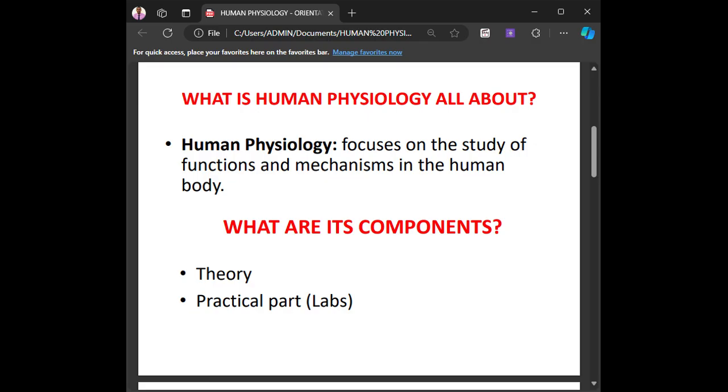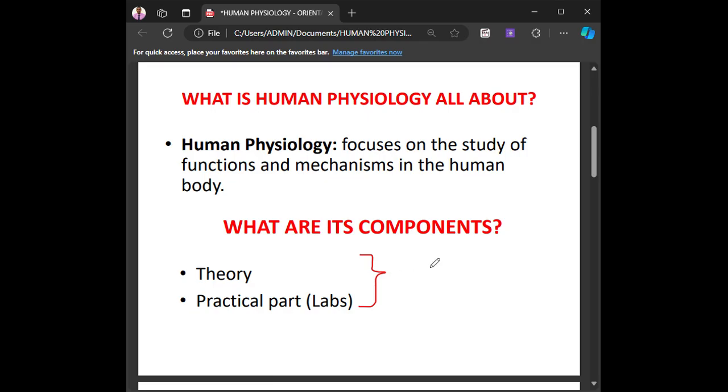Once you have a lab session, you will be required to come up with a lab report on how you carried out this experiment and what your outcomes were, among other things. These are the components which make up human physiology as far as this course or curriculum is concerned.